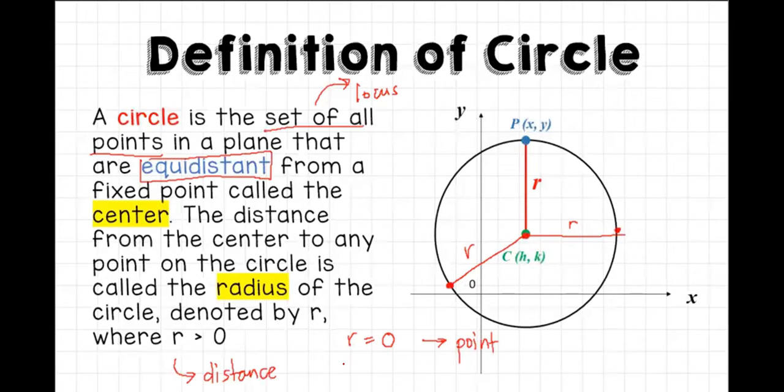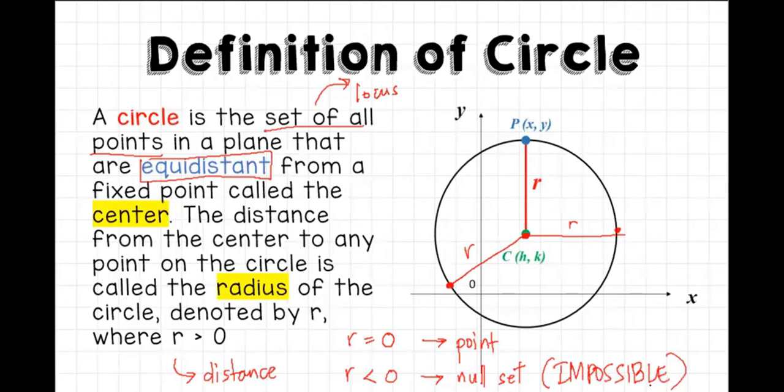Now, what would happen if your radius is less than 0? Nagkaroon ka ng negative na value for radius. Sabi ko nga, ang radius is also your distance. So, wala naman kasing negative na distance. How would you draw a negative distance? So, in this case, magkakaroon ka ng null set. Or simply, this would be impossible to draw.